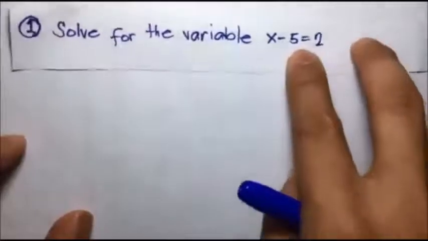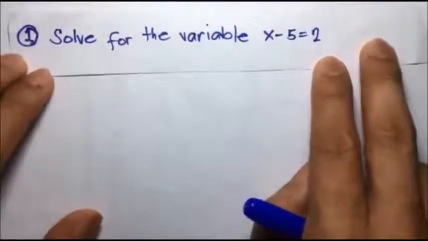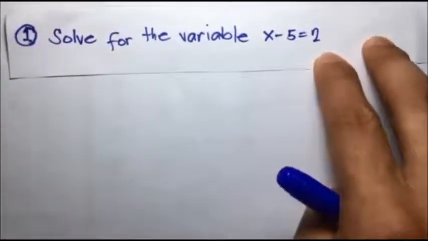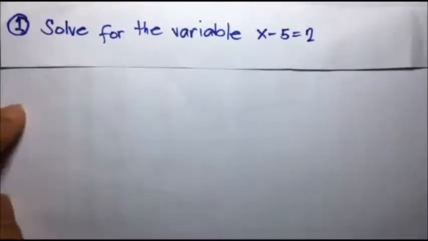Okay, and now we have example number 1. Solve for the variable. x - 5 = 2. We are going to solve for x. In order to solve for x, we are going to use the addition property of equality.